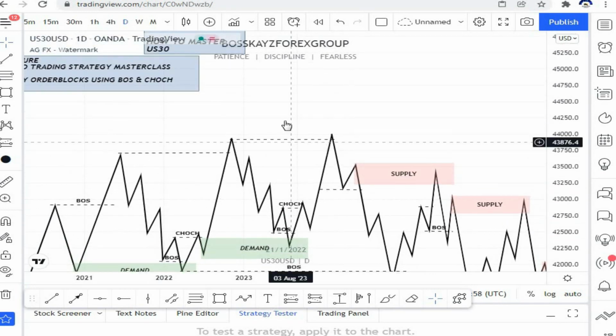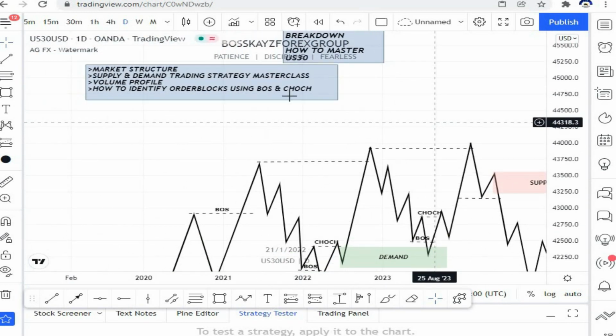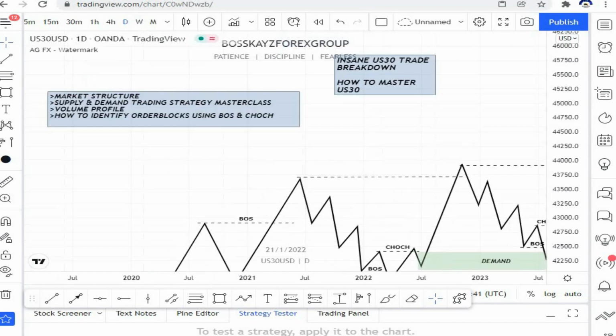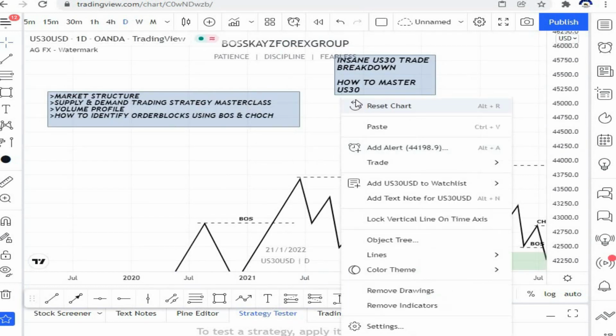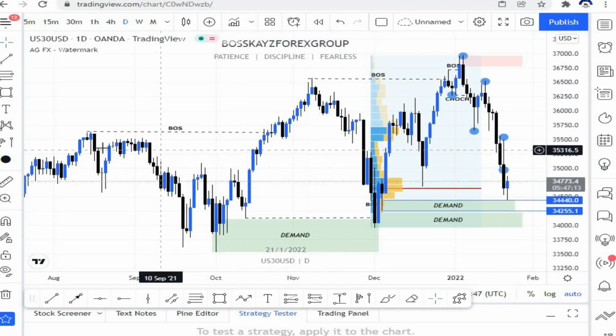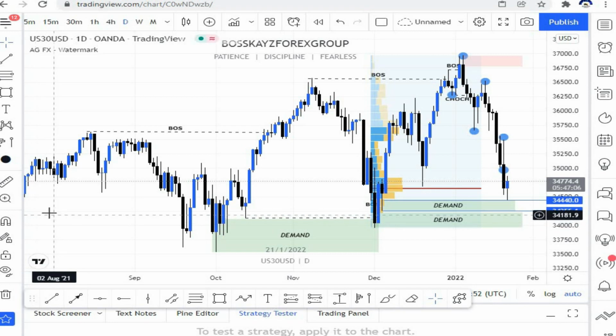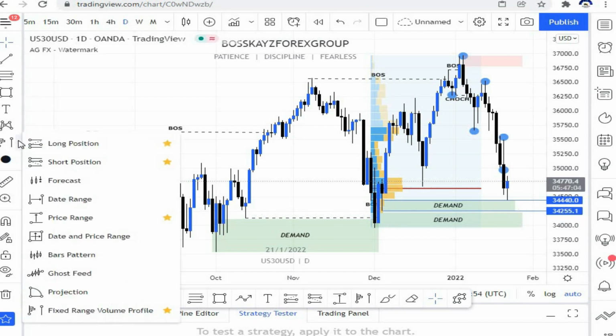So now we're going on chart and talk about volume profile and apply all of the things which we were talking about now. So guys, now as you can see, we are on chart and this is US30. So the volume profile, guys, you can also subscribe for 15, I think it should be 15 or $14 per month.